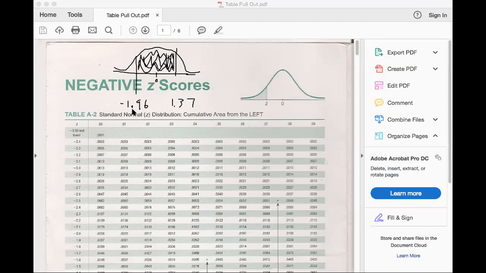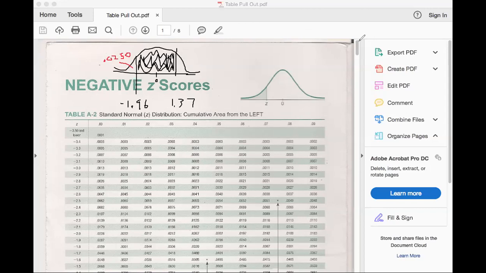So let's go find negative 1.96. So negative 1.96 is 0.0250. That means he's 0.0250. Okay. And then if you took the value of 1.37 and then took the complement of that, you'd know the other part.